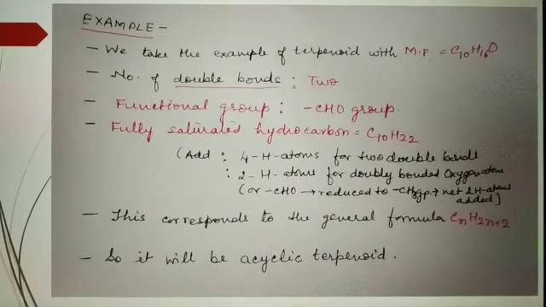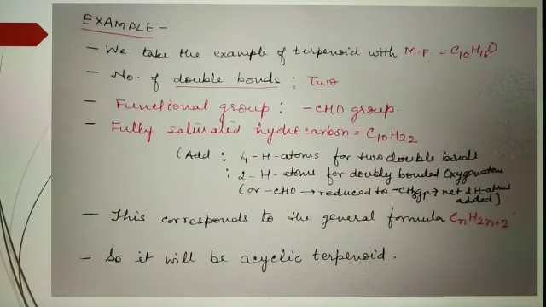For example, if we find that the terpenoid has the molecular formula C10H16O and the number of double bonds is 2, the functional group is the CHO group, and we now will convert it into a fully saturated hydrocarbon. What we do is that it has 2 double bonds. Then we add 4 hydrogen atoms for the 2 double bonds, and we add 2 hydrogen atoms for the doubly bonded oxygen atom.